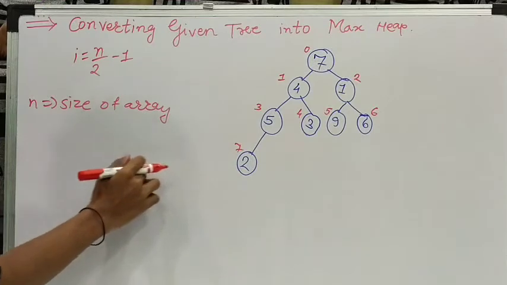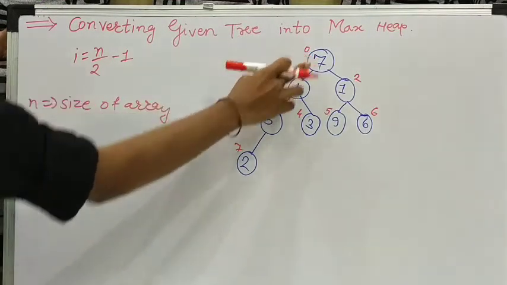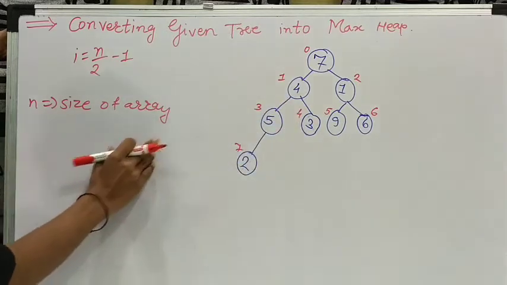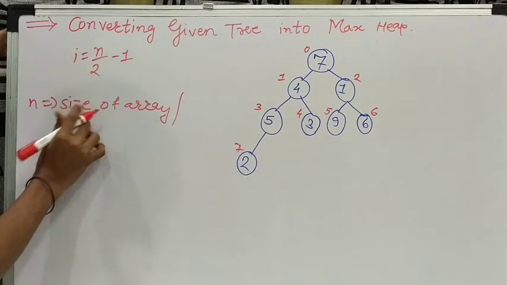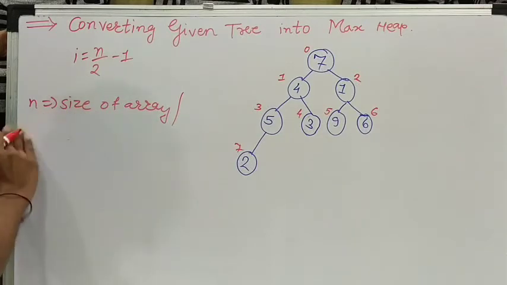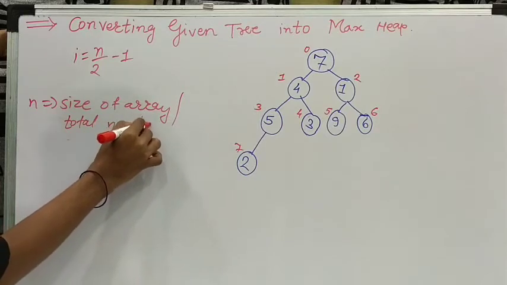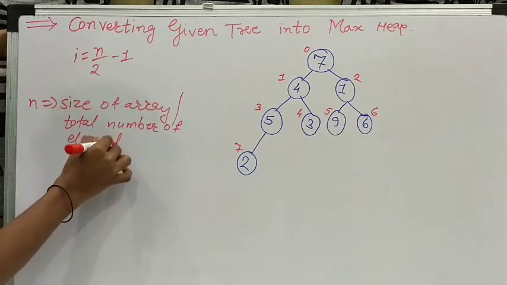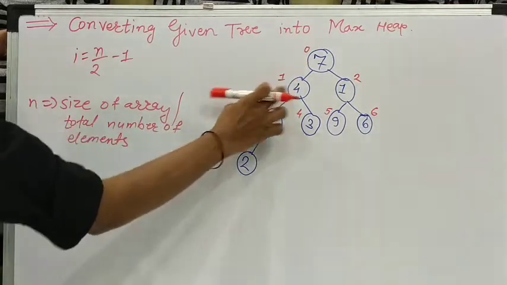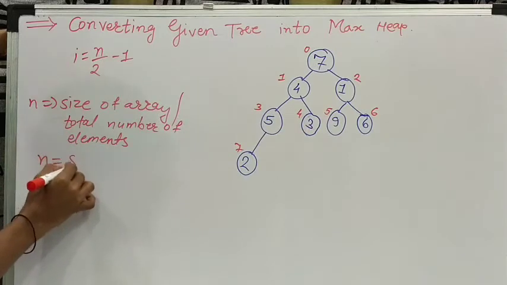The last index is 7, but as it starts from 0, there are 8 elements in total. So here n is equal to 8.